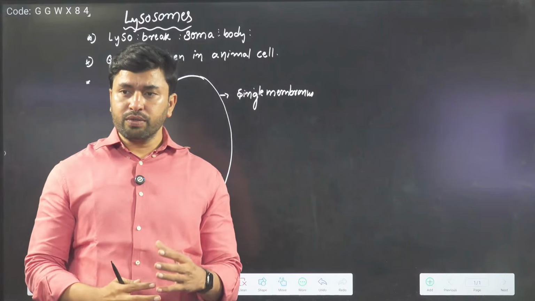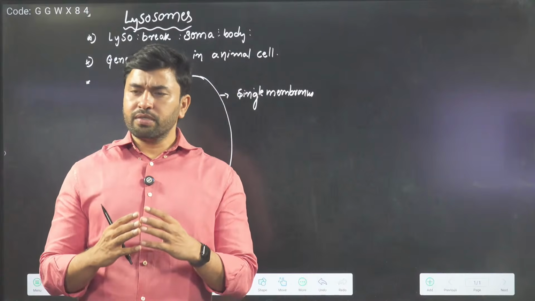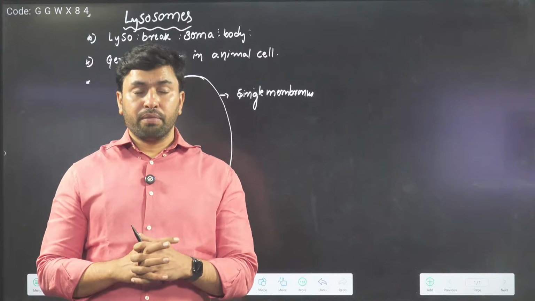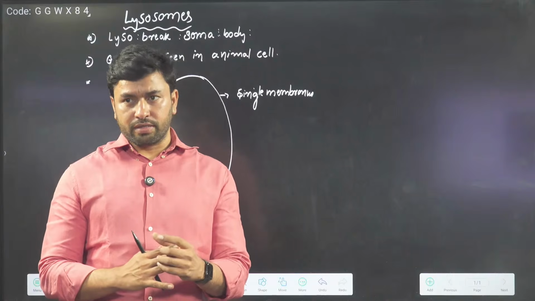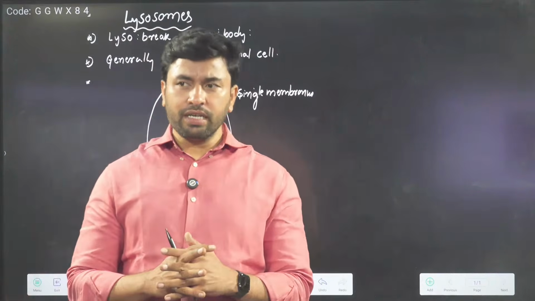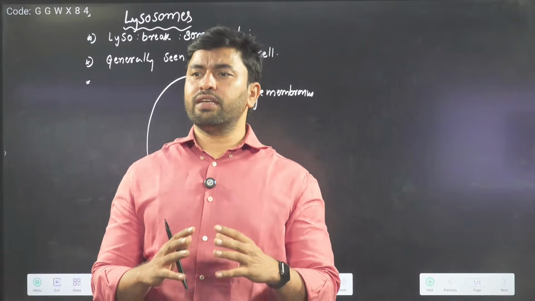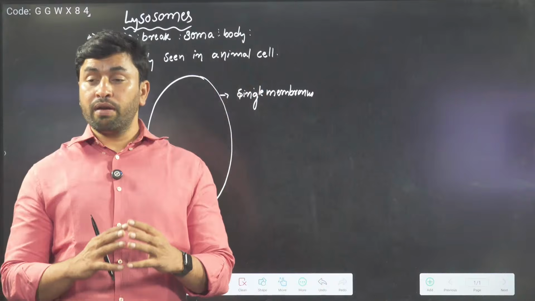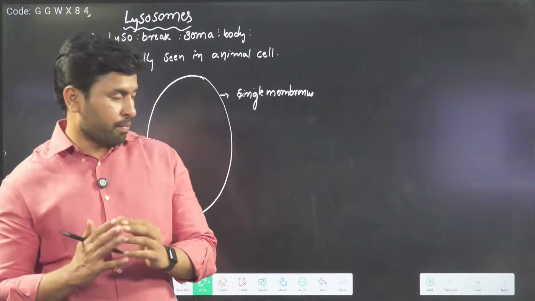From where are lysosomes developed inside a cell? Lysosomes are developed in the cell by using the endomembrane properties of the Golgi complex, which means all the lysosomes present in a cell come inside the cell by a phenomenon called packaging of the material near the Golgi complex.